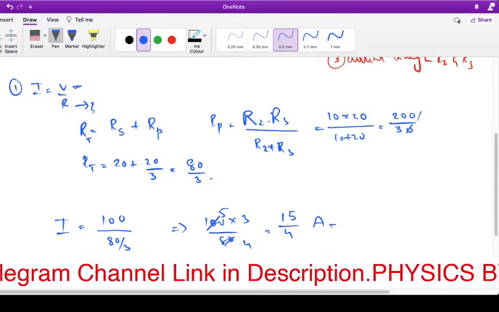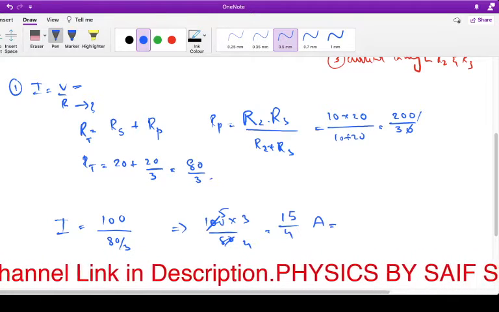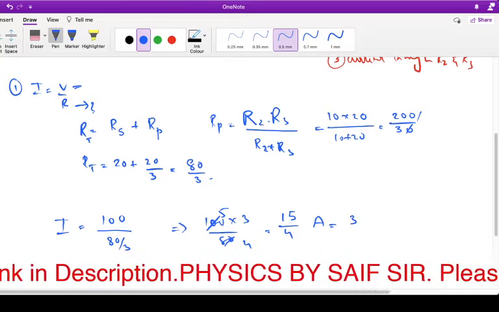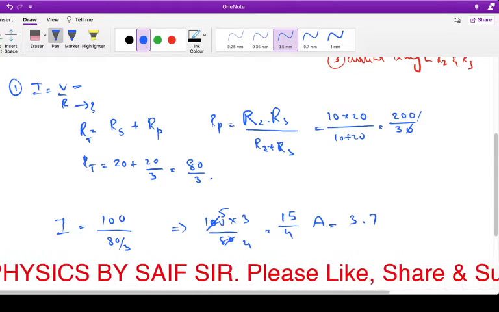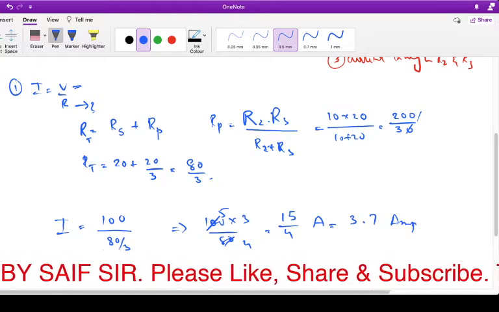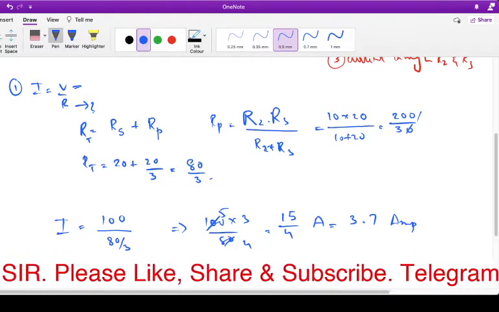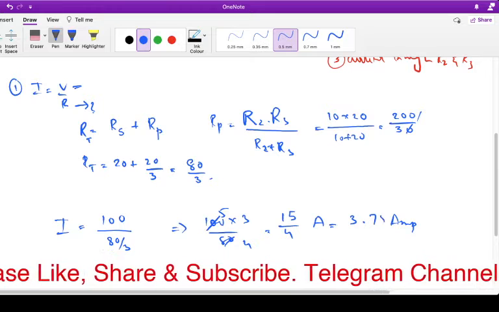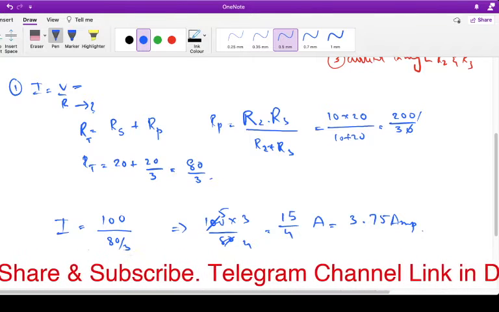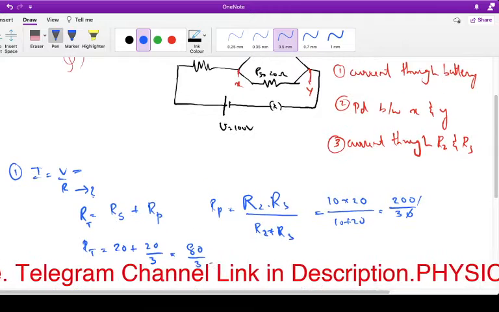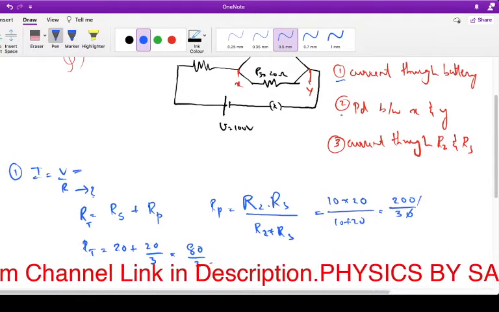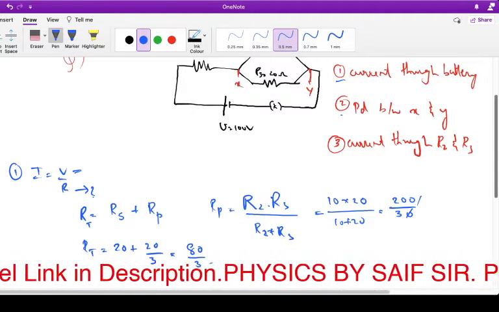You can solve it further: 4 3s are 12, so it is 3.75 approximately, or you can say 3.7 ampere. So this is the answer for the first question, and the second is the potential difference between X and Y.